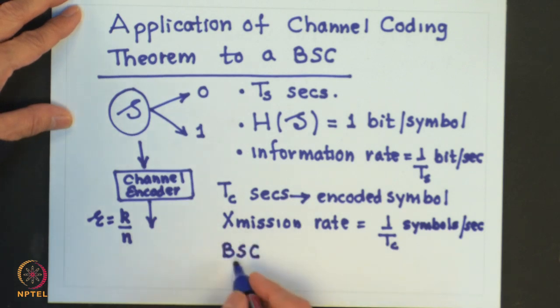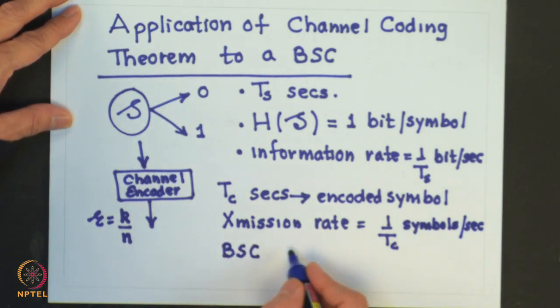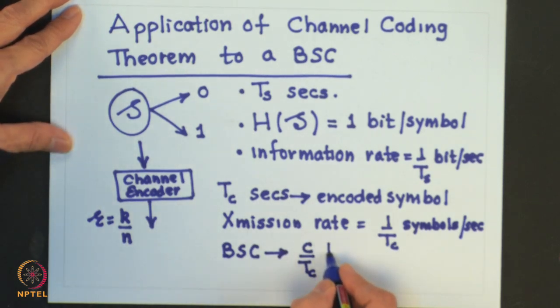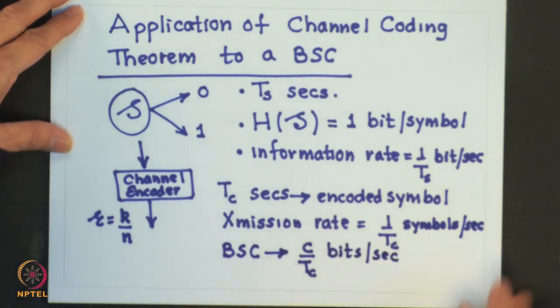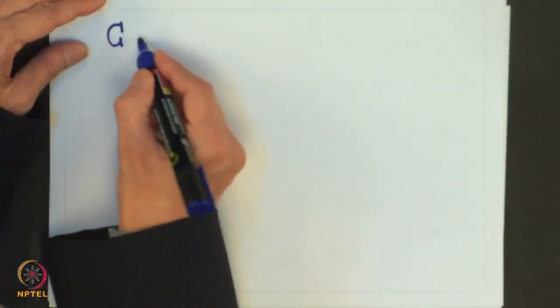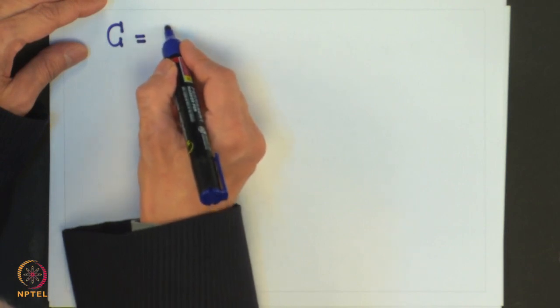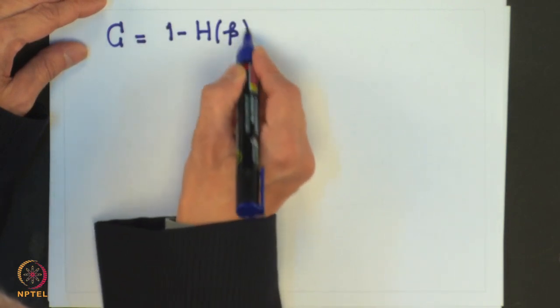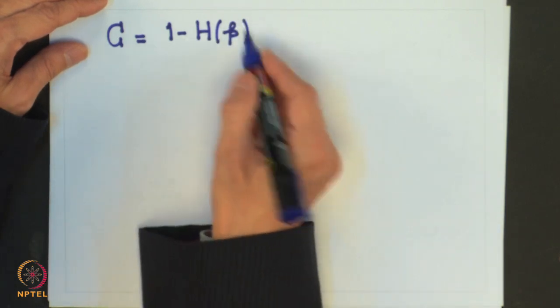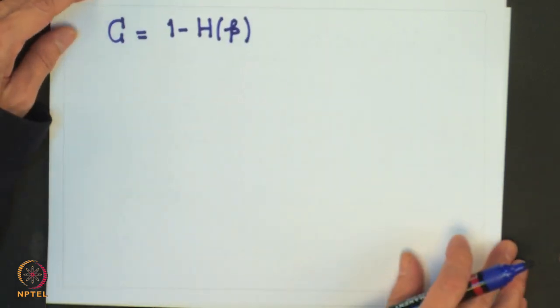So, if we assume that we have a binary symmetric channel, then the transmission rate would be given by C/Tc bits per second, where your channel capacity for a binary symmetric channel is equal to 1 minus H(p), where p is the crossover probability or transition probability.